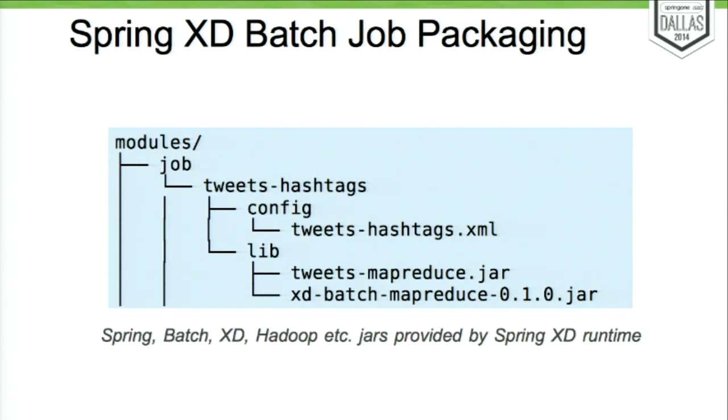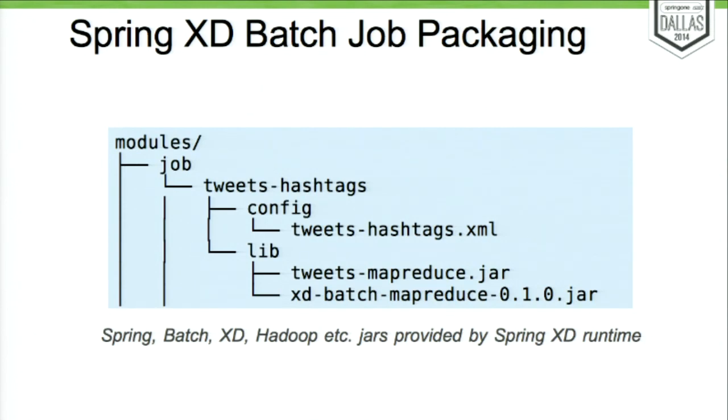So Spring XD uses Spring Batch, but it packages the jobs a little differently than Spring Batch does. If you install Spring XD, there's a modules directory, and under there is a job directory where you define all your jobs. So you give it a name.